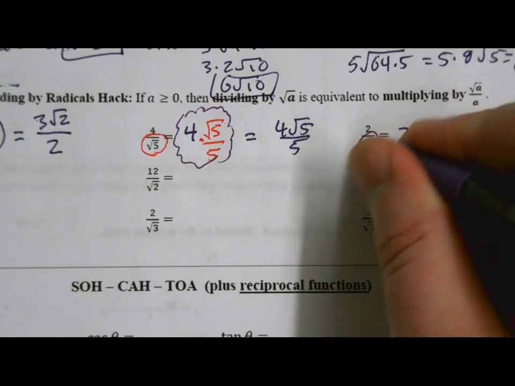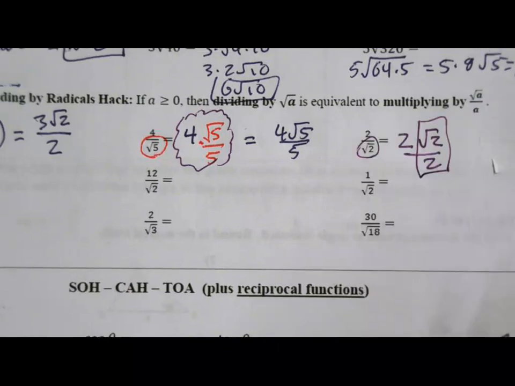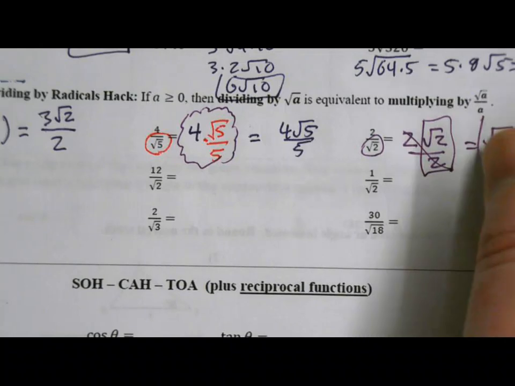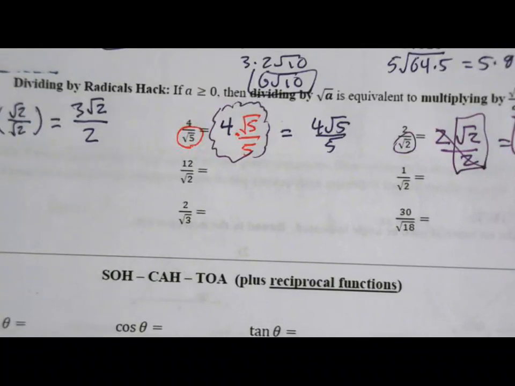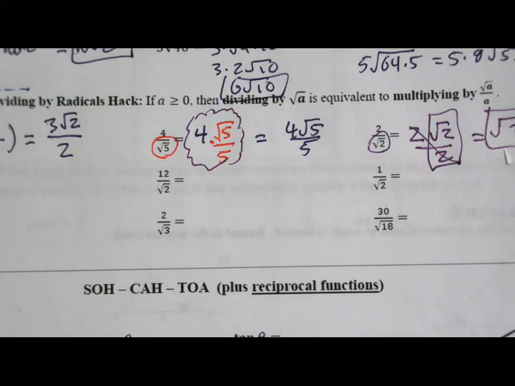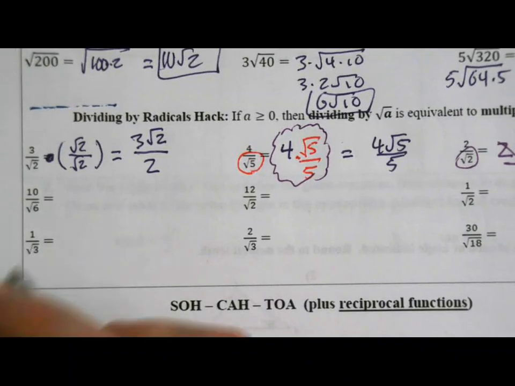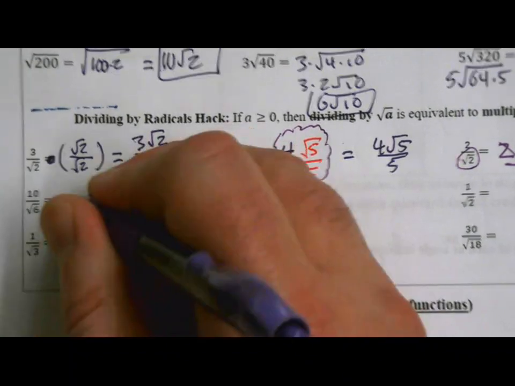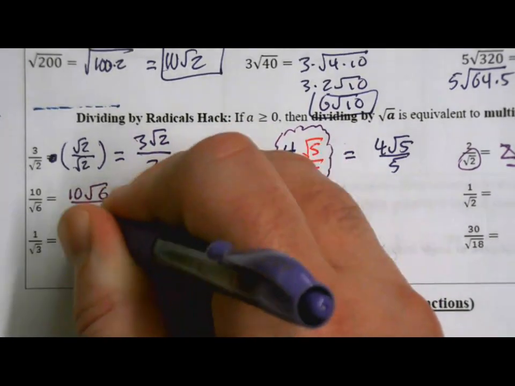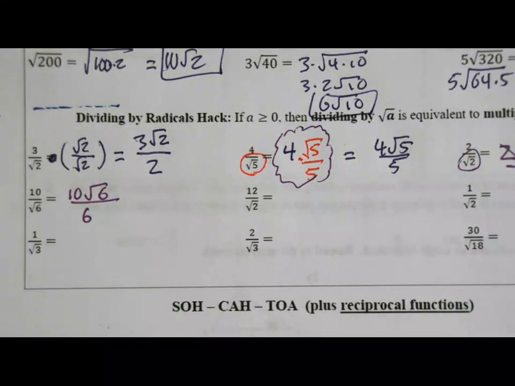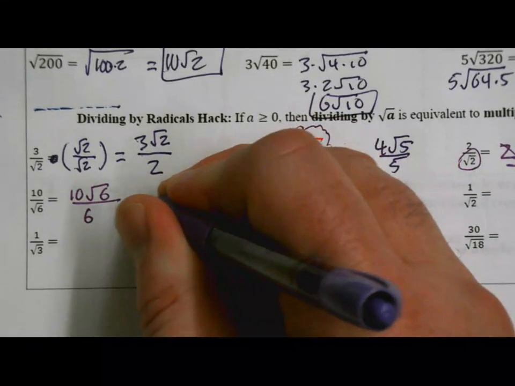Dividing by root 2 is the same as multiplying by root 2 over 2. And then simplify to get our final answer of root 2. You guys getting this? Does it feel okay? So when I see 10 divided by root 6, I'm just going to think, oh, that's just 10 root 6 over 6. And then simplify. Simplify that 10 over 6, that would be 5 over 3.